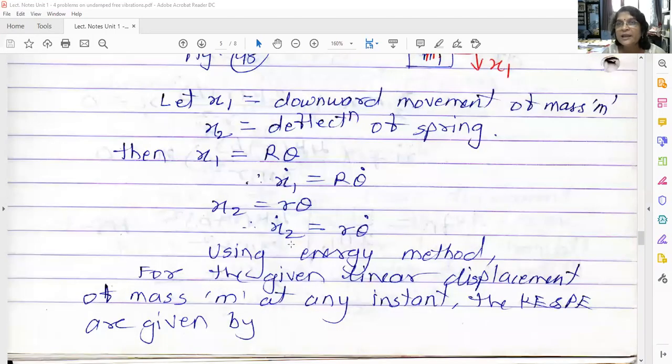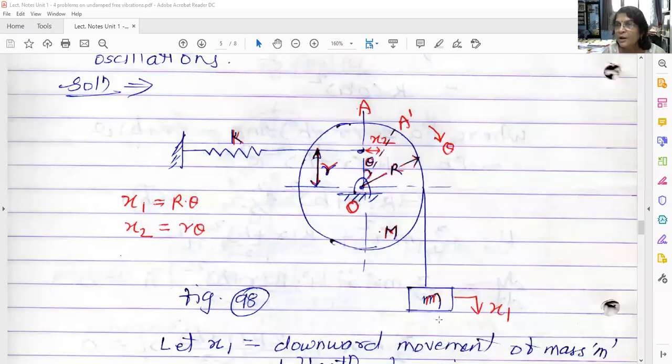See here in this diagram, mass m will move along the linear direction, that is translatory motion. So it will be possessing certain kinetic energy. Then this disk will be possessing rotational kinetic energy. Okay, so total kinetic energy is kinetic energy possessed by this mass, that is translational kinetic energy, and kinetic energy possessed by this pulley, that is rotational kinetic energy.